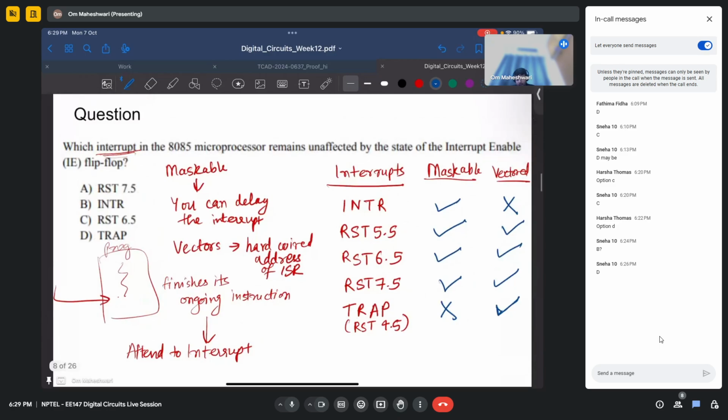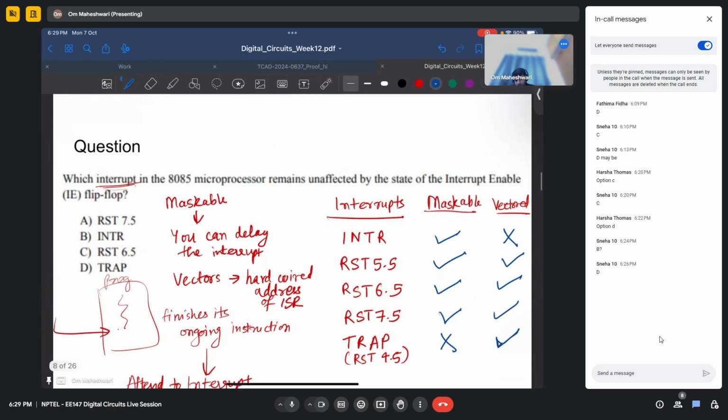The interrupt enable flip-flop is controlled by EI/DI. This is the condition of the interrupt enable flip-flop. If EI equals 1, it means if any interrupt comes, I have to attend to that interrupt. If DI equals 1, it means I do not want to do anything with the interrupt. Even if the interrupt comes, I will ignore it.